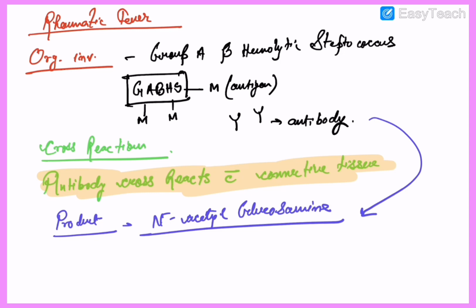A kind of type 2 hypersensitivity reaction occurs, and this cross reaction is also known as molecular mimicry.